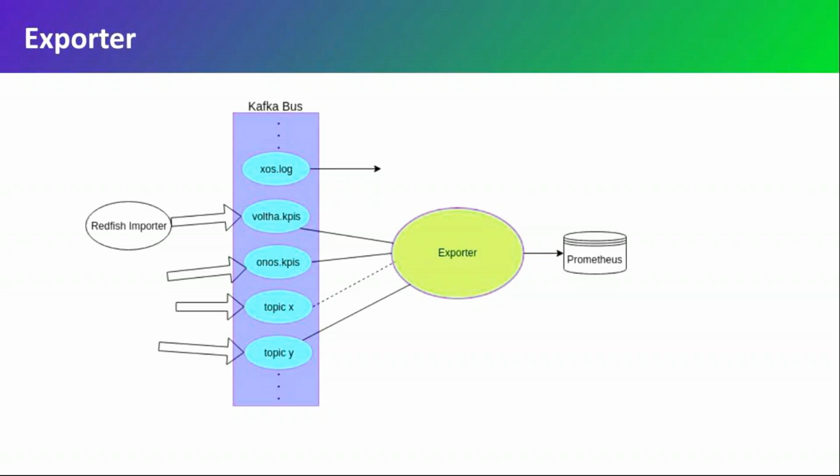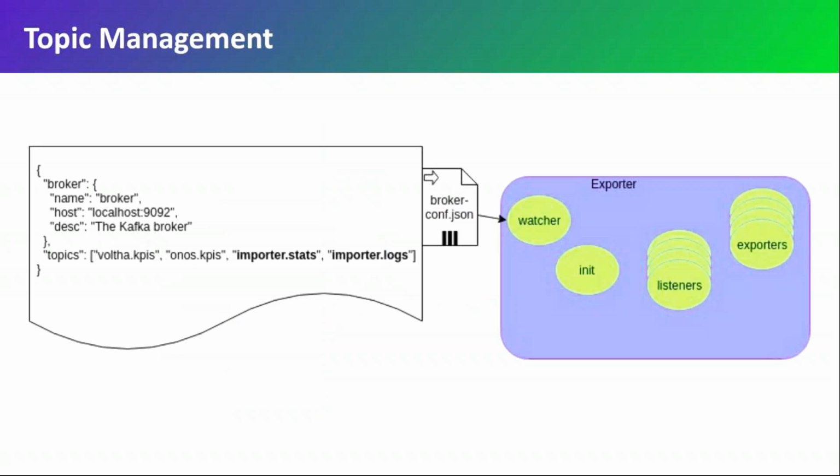The configuration file I have thought about is brokerconf.json. In this file, if I provide the broker information along with the topics, we can configure them here, in this case VOLTHA.kpis and onos.kpis, which are already supported. If I provide any additional topics, our exporter should understand the new topics introduced and take them into effect.